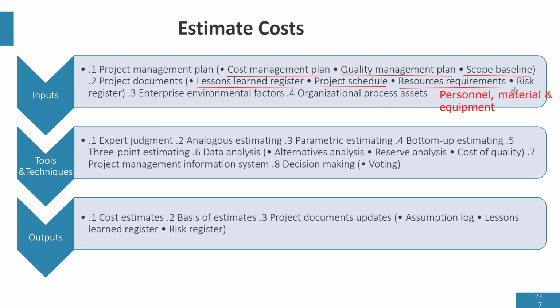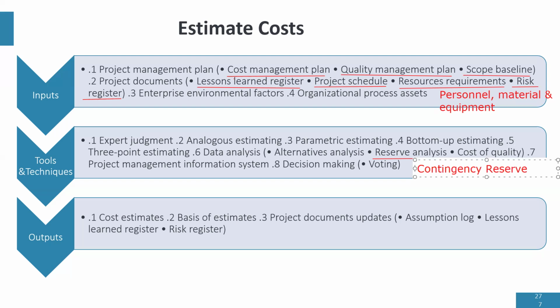Another thing that we need to consider in costing activities is risk. So if an activity has a risk, we're going to analyze that risk and create a contingency reserve for that activity. Now, what does that mean? What does a contingency reserve mean?